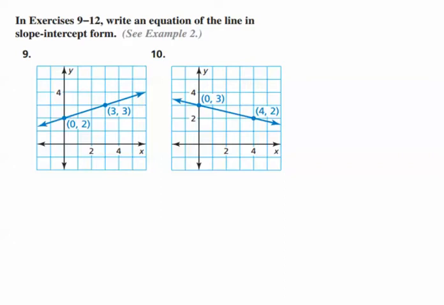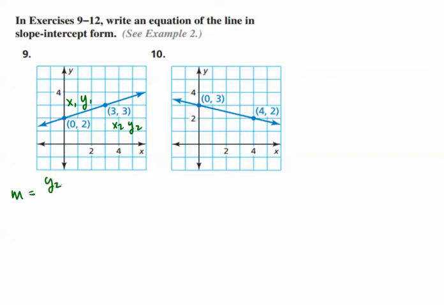Okay, in the next set of exercises we want to start from a graph. And we've seen examples of these. I'm going to label my points from left to right, x1, y1, x2, y2. I'm going to calculate my slope.